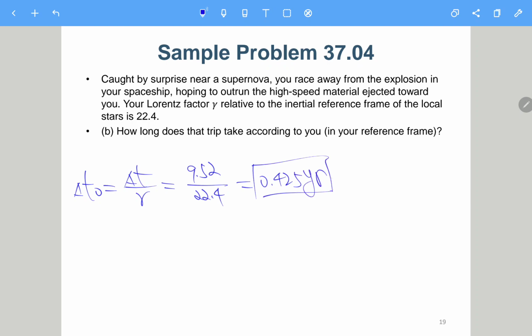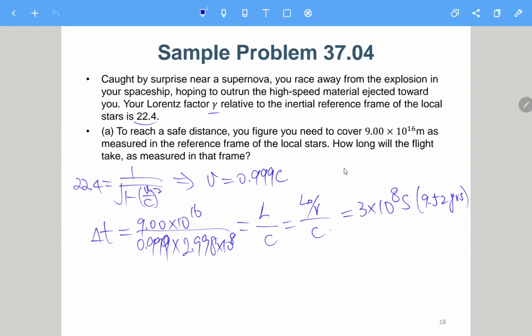Actually, because you are measuring the time that you travel, it's just like the twin paradox. When you move very fast, your time runs slower, because your time is delayed. So you only pass through 0.425 year. However, on the star, it feels like you pass through 9 years.